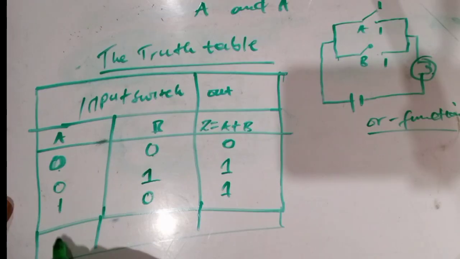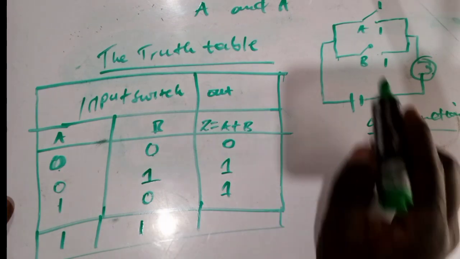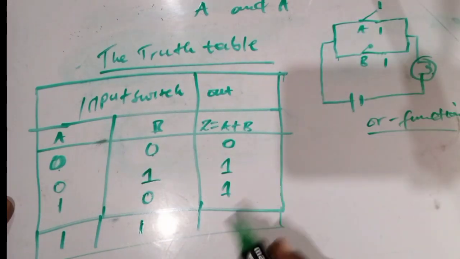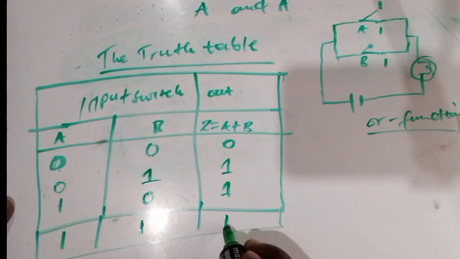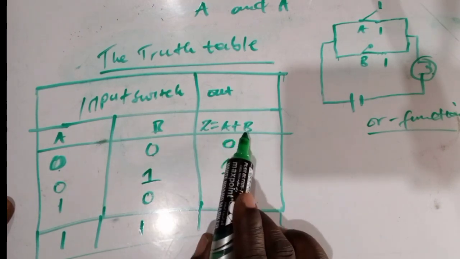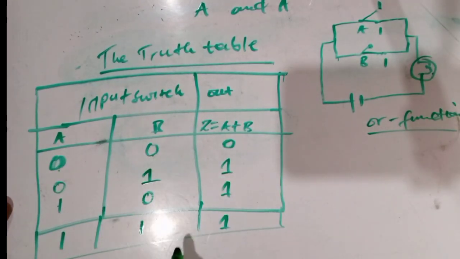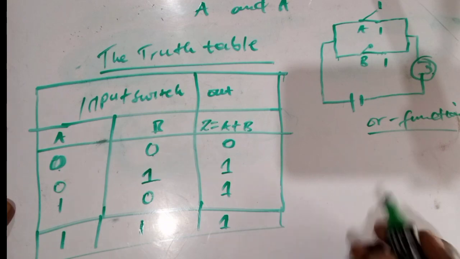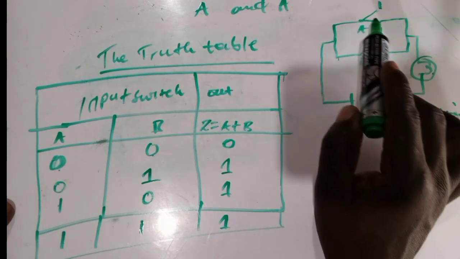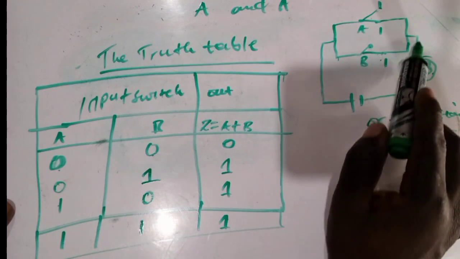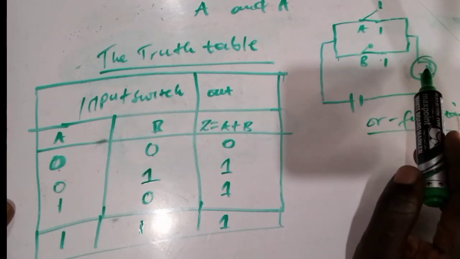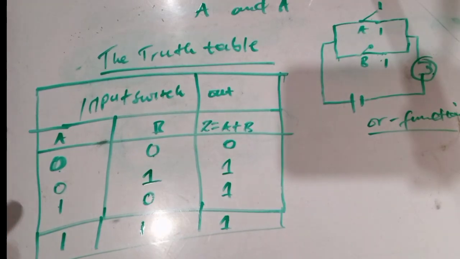Then when you close A and B, the switch will be on, so the output will be 1, because A plus B, 1 plus 1, in Boolean expression is equal to 1. It is not 2, because when the switch is closed, the whole system will be 1. It is not equal to 2. Don't make that mistake.